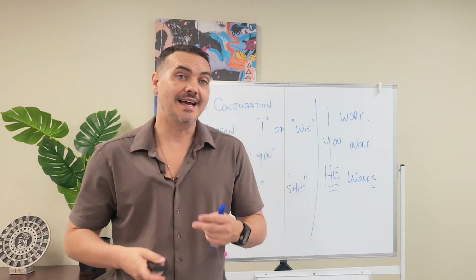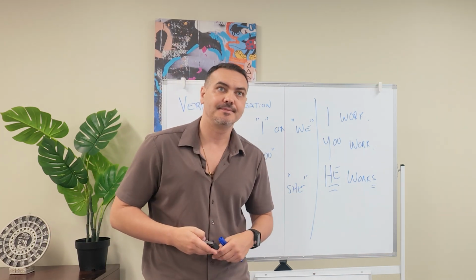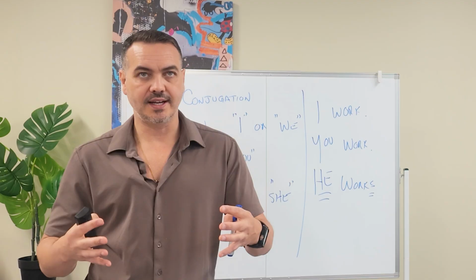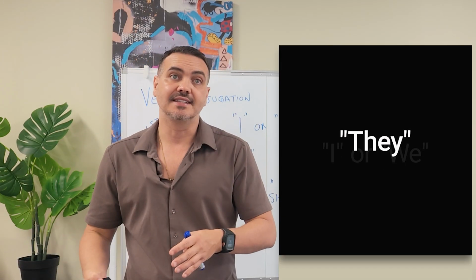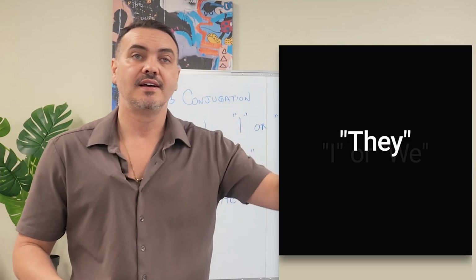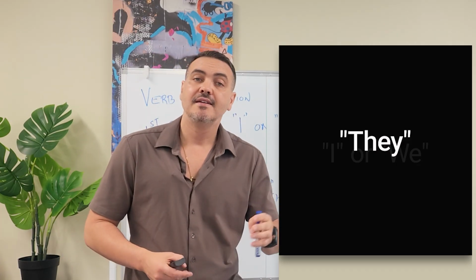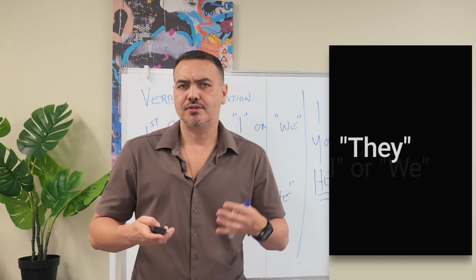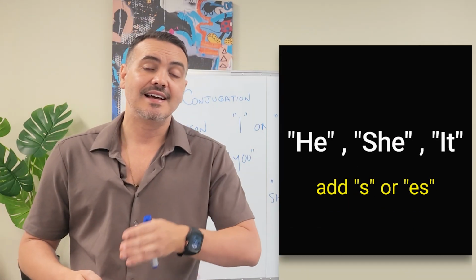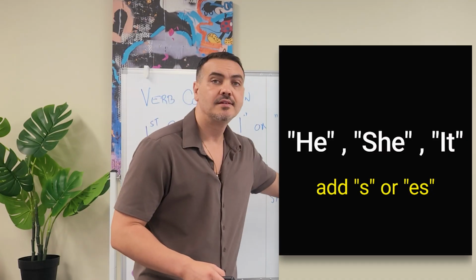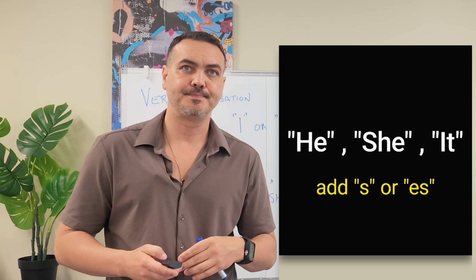You play. It plays with an S at the end. But here's where it can get a little tricky. With they, the verb does not take an S. They work. They speak. They play. So you have to remember this important rule. With he, she, and it, add s to the end of the verb when you're dealing with present simple tense.